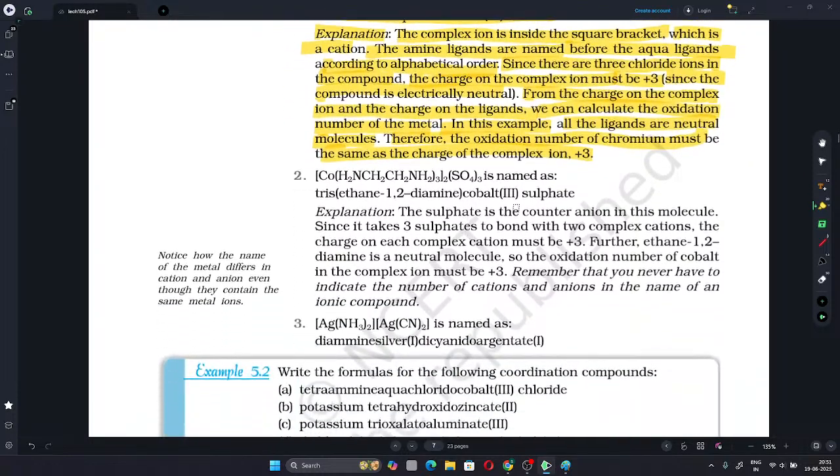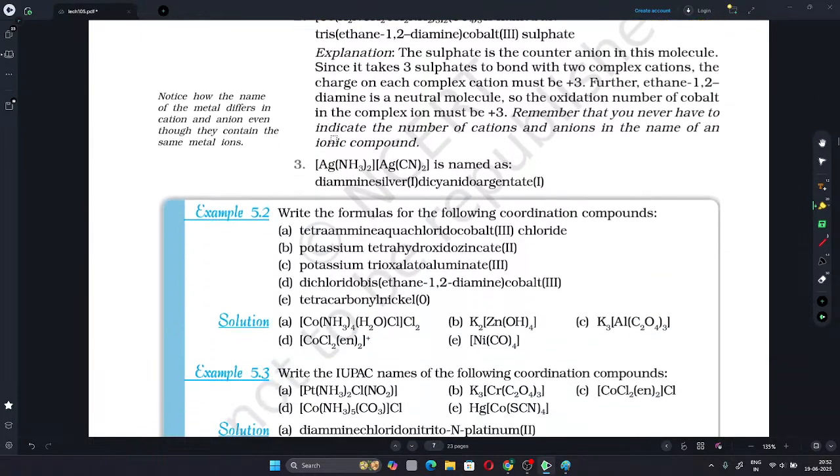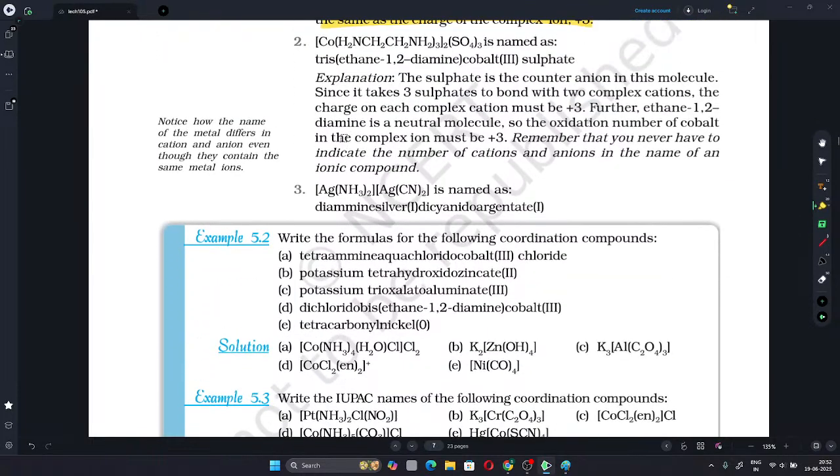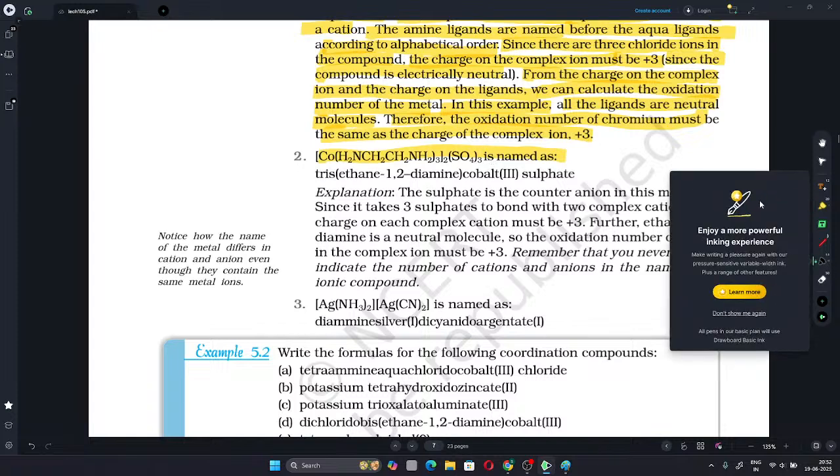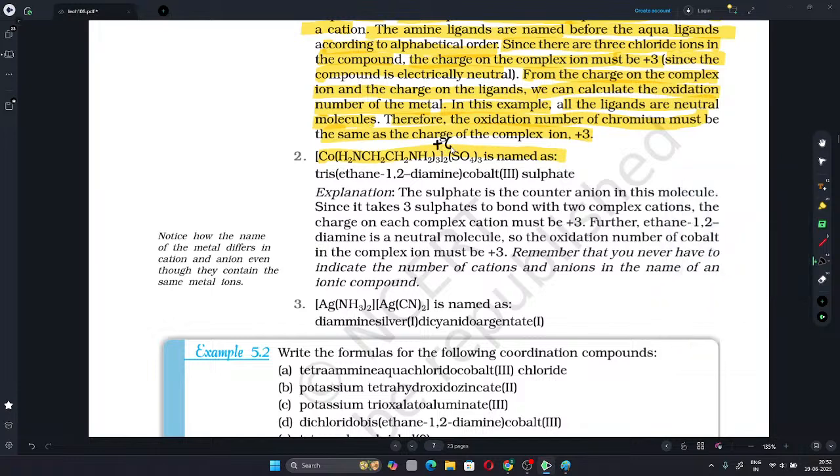Next case. Here we see that this complex has a +6 charge, because SO4 has an individual charge of -2, and 3 SO4 ions will give a -6 charge, whereas the complex charge will be +6.